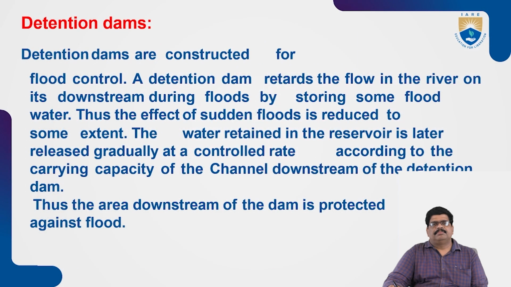So, detention dam. What is meant by a detention dam? A detention dam is a dam for floods. It regulates the flow of the river downstream during floods by storing the flood water. Thus the effect of sudden floods is reduced, and the water may be retained in the reservoir and released gradually at a controlled rate according to the carrying capacity of the channel.